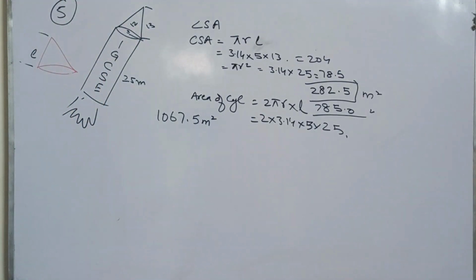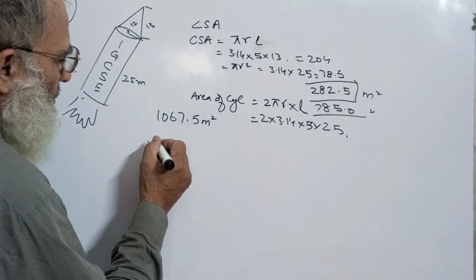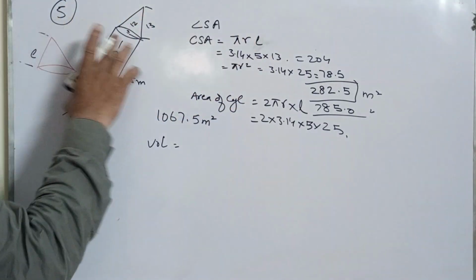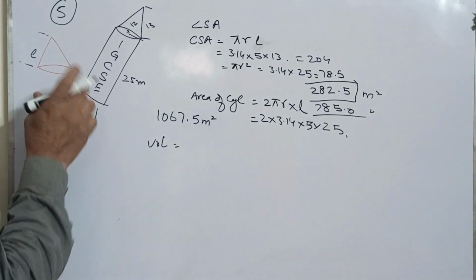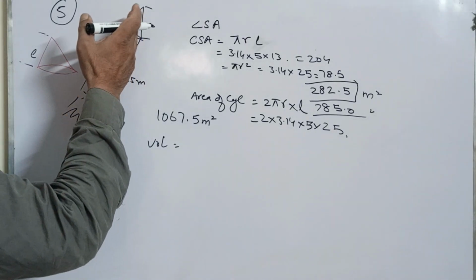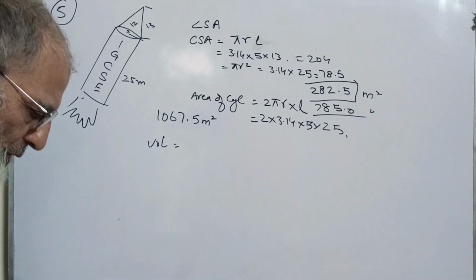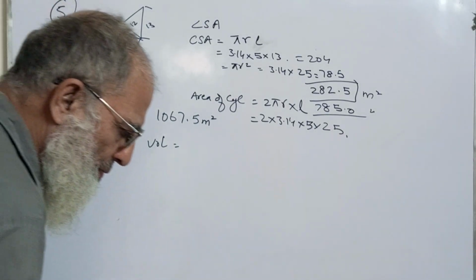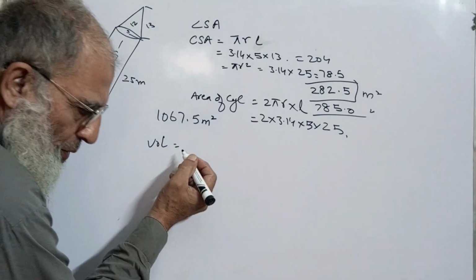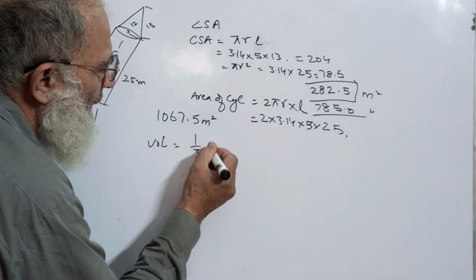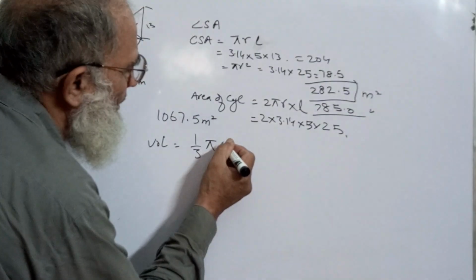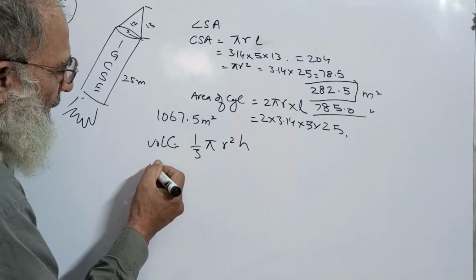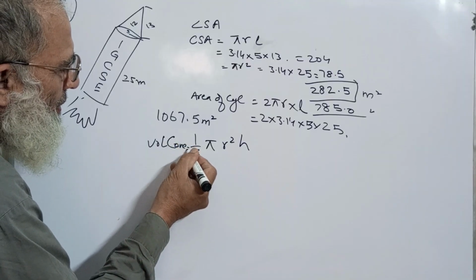Now we have to find the volume of the rocket as well. Again, the cone and the cylinder. Volume of cone is one-third pi r squared h, and this is the cone and this is the cylinder.